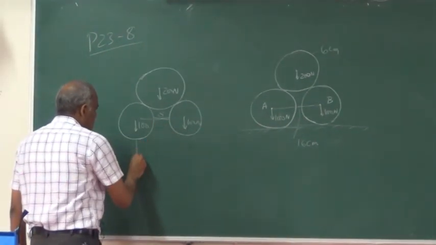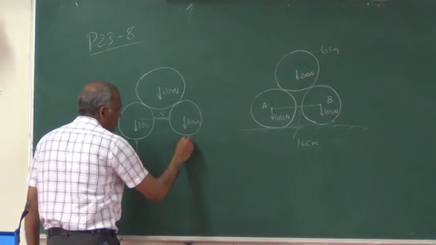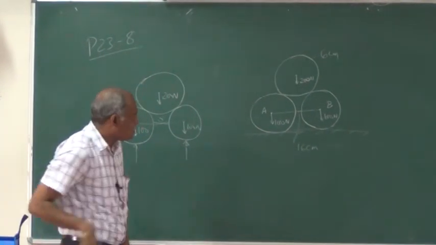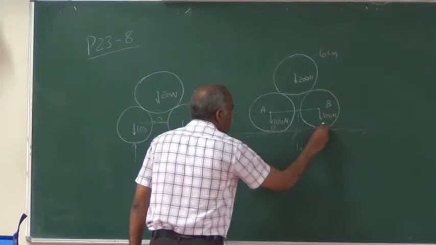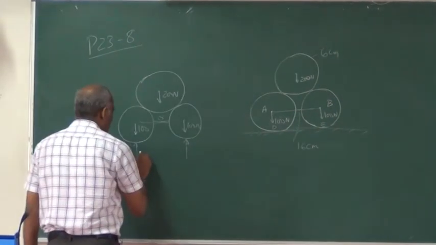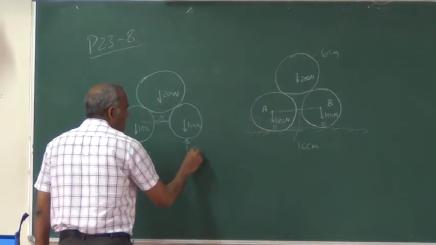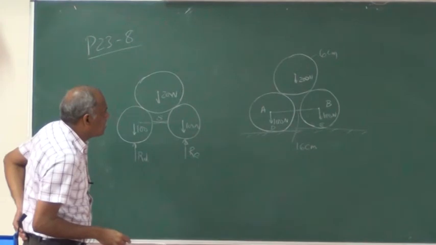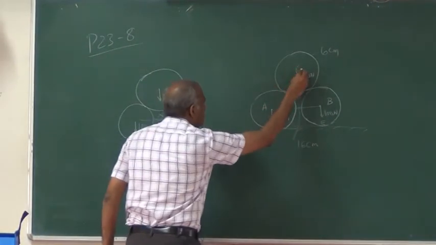So you have here the reactions from the floor. That point we can consider as points D and E. So you will have RD and RE here. So you can say this center as C. Right.